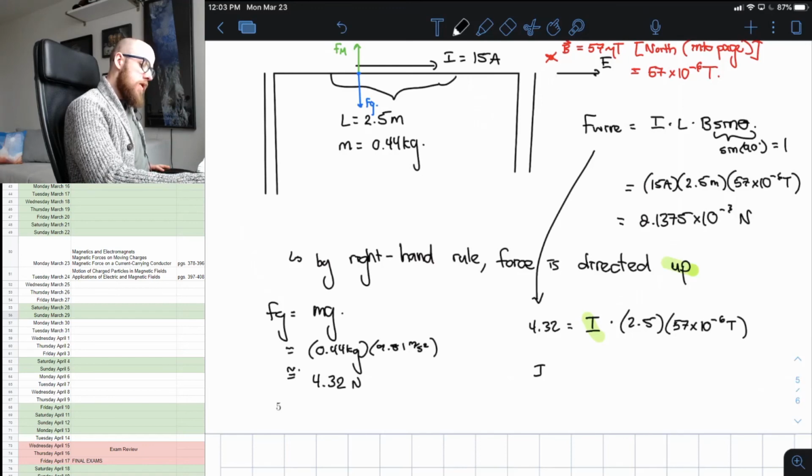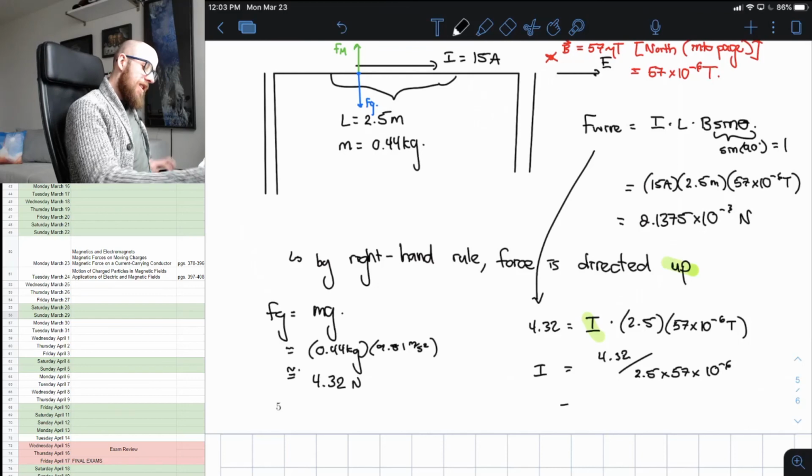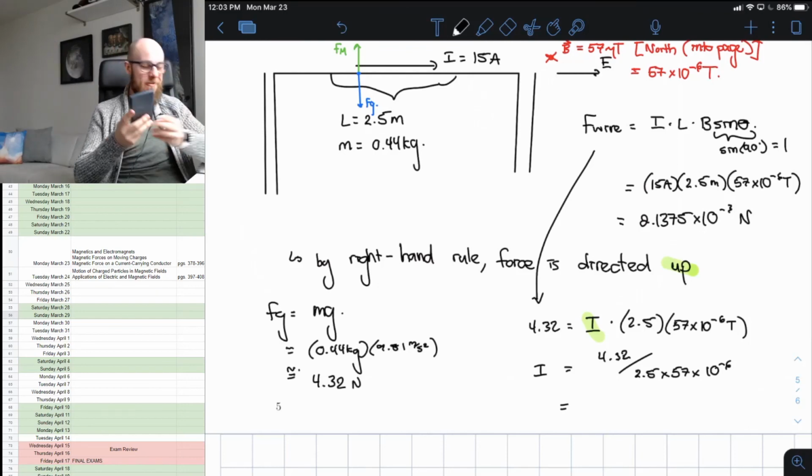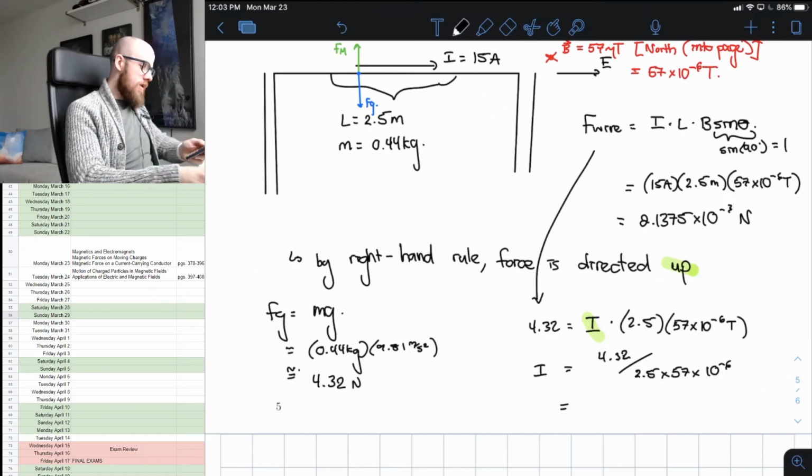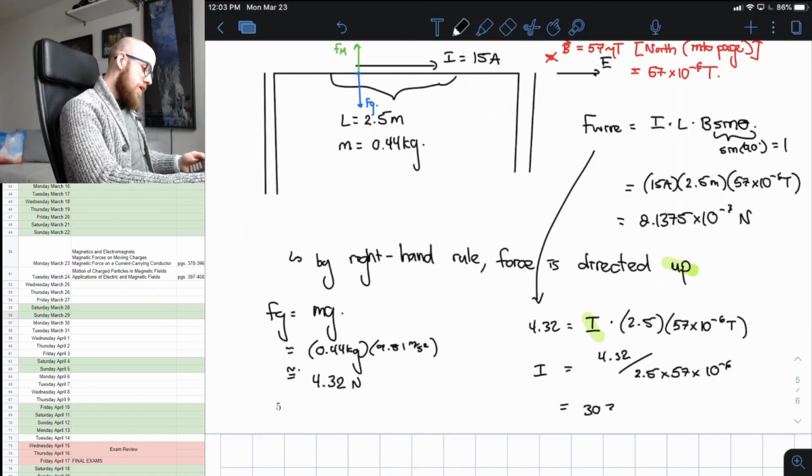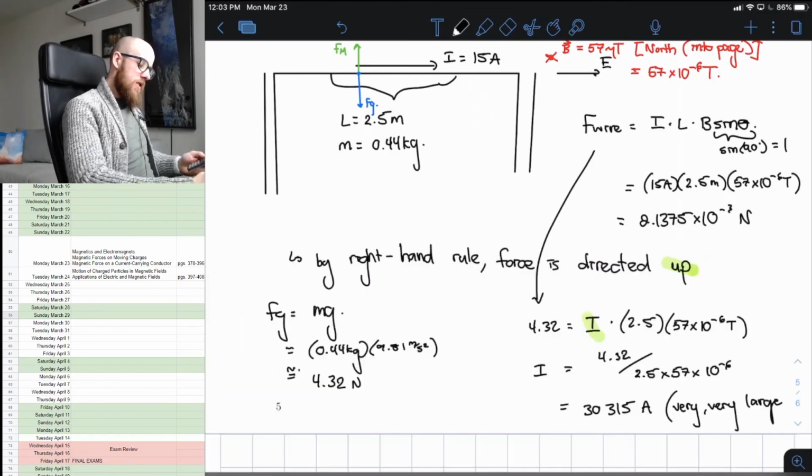If we flip this around, that's pretty extreme. So extremely large.